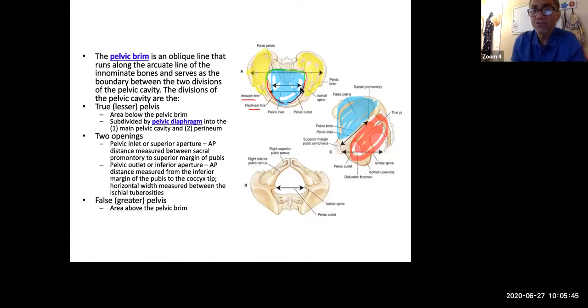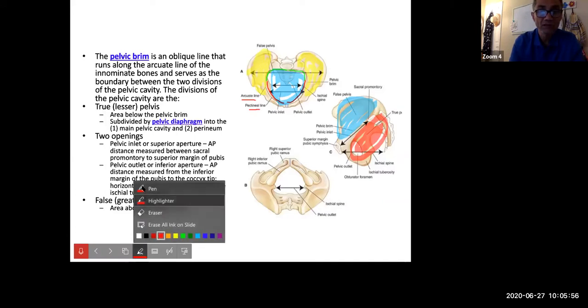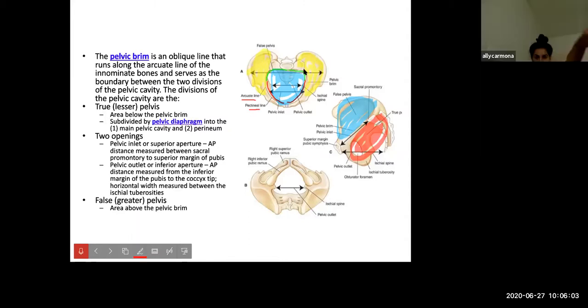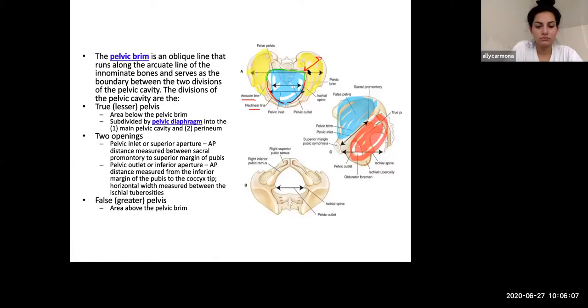Meaning your false pelvis extends from the iliac crest superiorly to the pelvic brim inferiorly. It will be this way, from here to here.